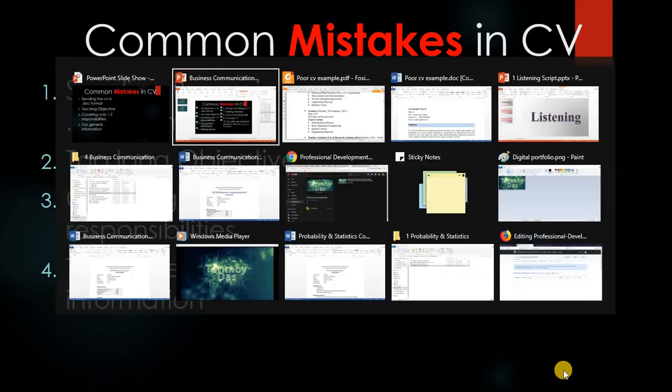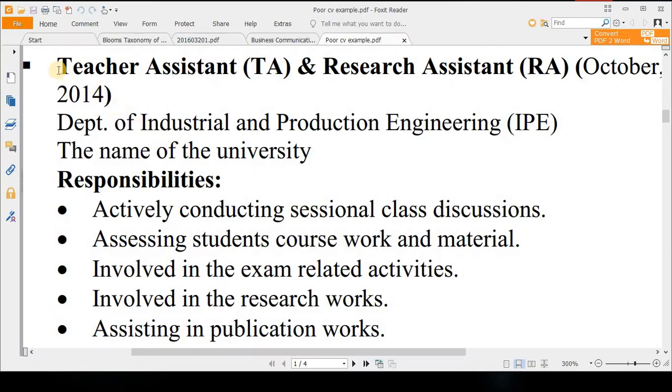For example, he was working as a teaching assistant. I don't know, it may be teaching assistant or teacher assistant, whatever. But in the responsibility, we can see assisting in publication works. What type of assistance? Does he write something?